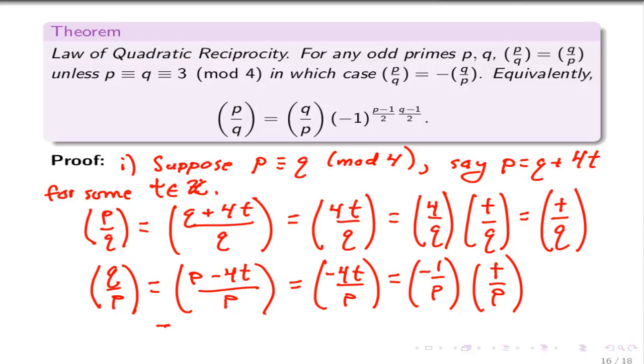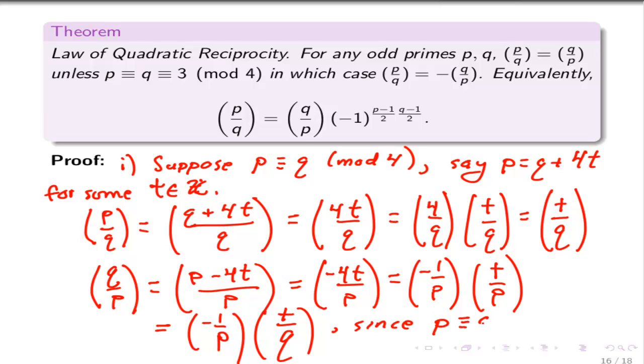So this is just equal to negative 1 over P times T over Q, since P is congruent to Q mod 4T by our previous lemma. That's what I was calling the key lemma there. So the key lemma really is another form of stating quadratic reciprocity.